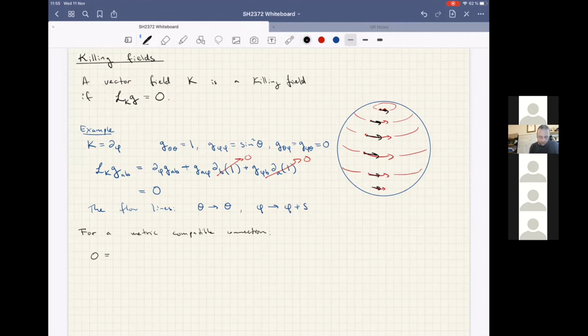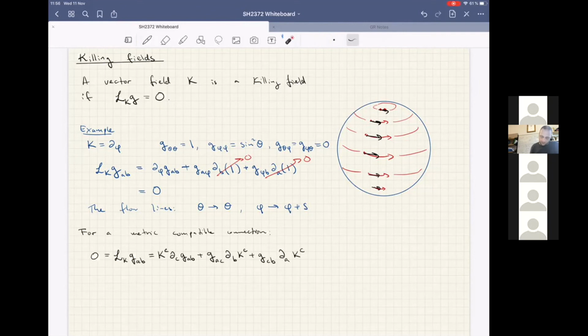We're going to start from 0 equal to L_K g_AB. And we're going to express this. Well, actually, we have 5 minutes, so maybe we can do the actual computation. The general expression here is that this is K^C ∂_C g_AB plus g_AC ∂_B K^C plus g_CB ∂_A K^C.